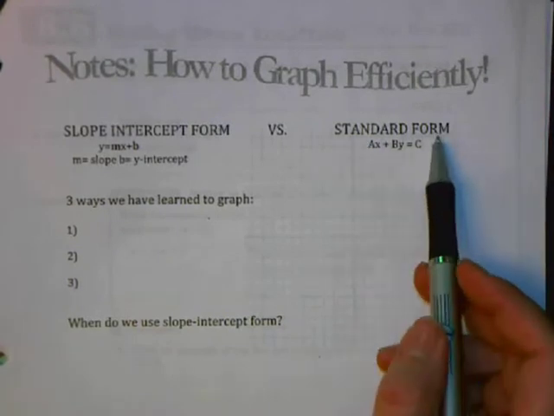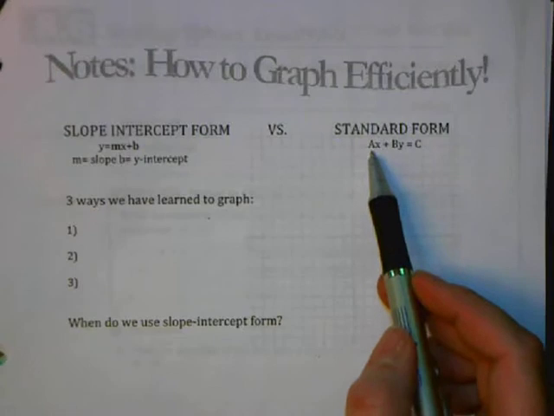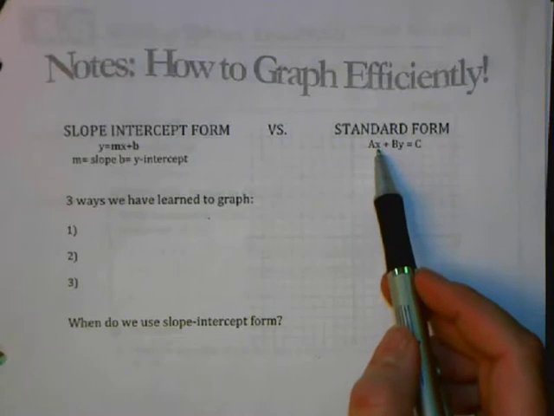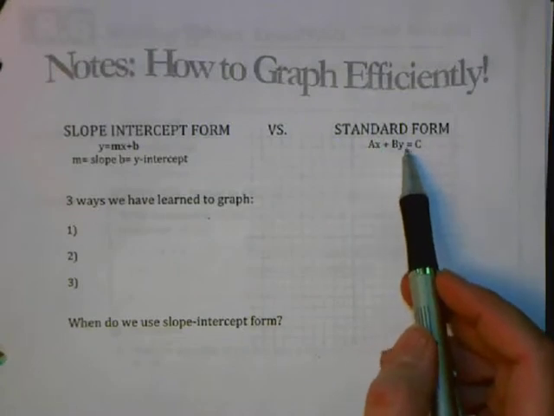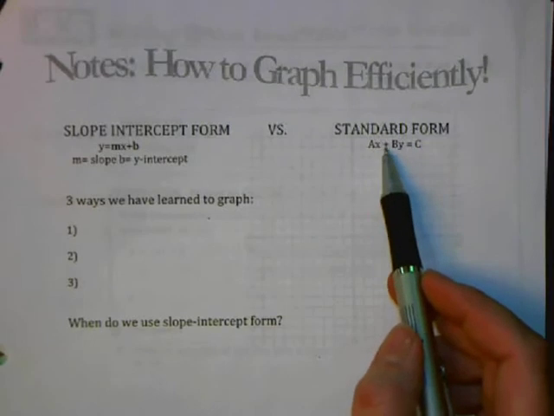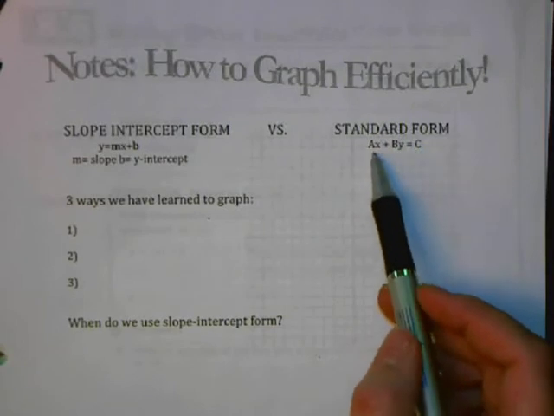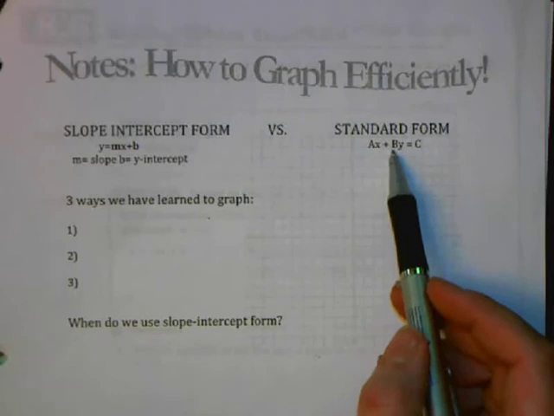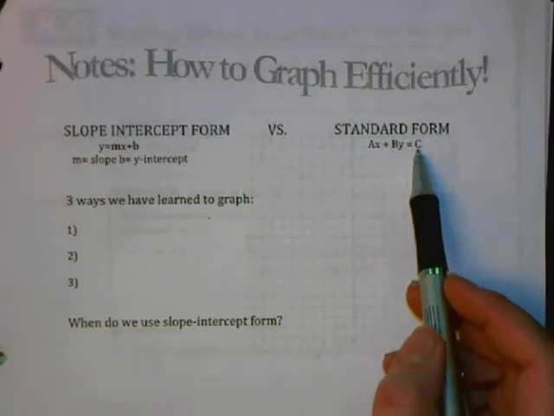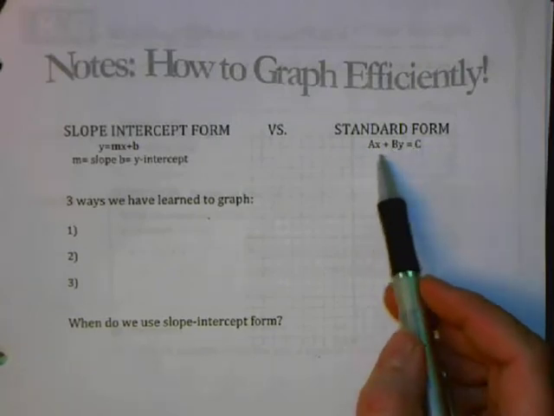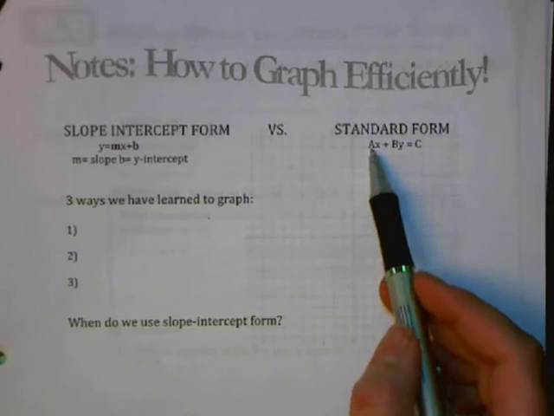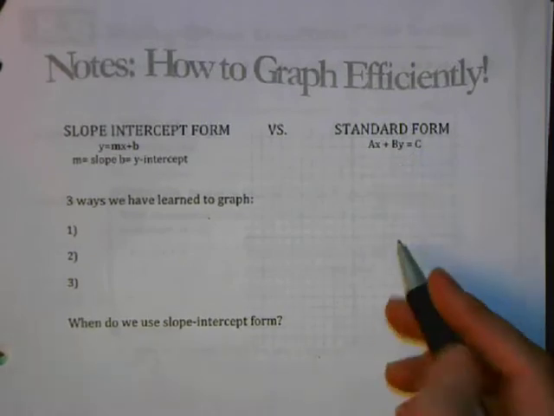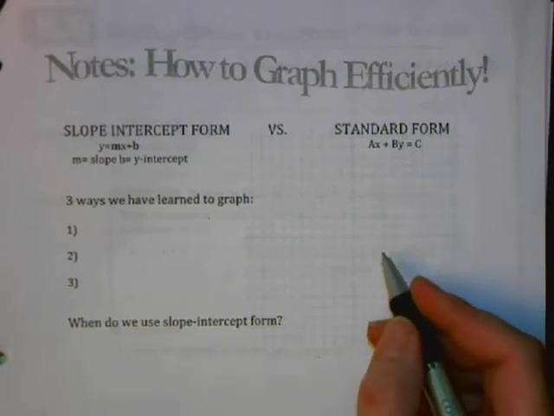Standard form is another way of writing the equation of a line. In this case, what really matters the most is that x and y are on one side of the equal sign. So we have ax plus by equals c. In this case, a is not the slope, b is not the y-intercept, c is not anything in particular. When we have an equation written in standard form, a, b, and c are just plain old constants.